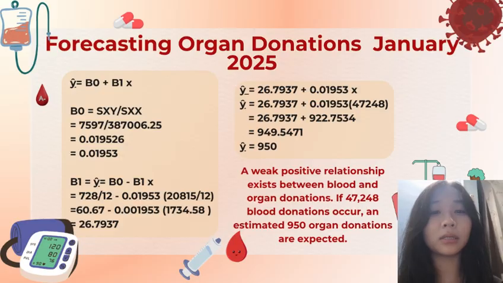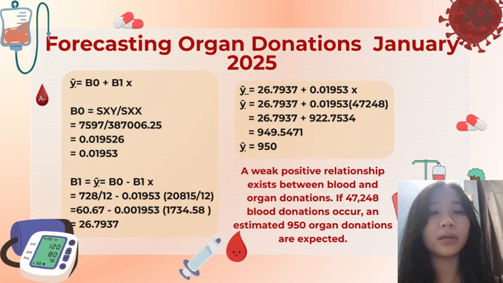First, we calculate the slope b1 using the formula Sxy divided by Sxx, that gives us b1 equal to 7557 divided by 387,006.25, which equals 0.01953. This means for every additional blood donation, organ donation increases slightly by 0.01953.